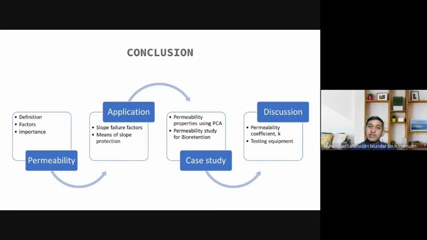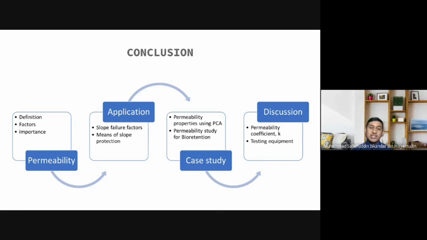Some of the methods to protect slope are geotextile and metallic structures. Moving on to the case studies, we studied 2 cases from other researchers. The first case is permeability properties using PCA, which means principal component analysis.